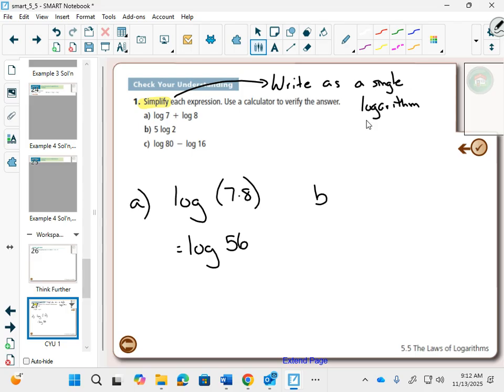The second one. If you have a number outside of a log, that is your power law. A number outside of the log can always be moved in as an exponent. So I can rewrite this one as log base 10 of 2 to the 5, which is equal to log of 32.